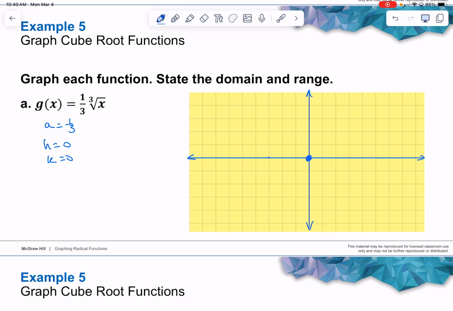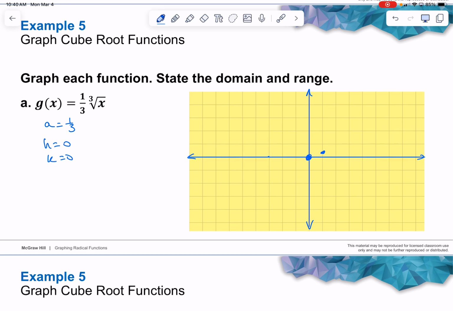So instead of going over 1, up 1, we're going to go over 1, up 1/3. Instead of going over 8 and up 2, we're going to go over 8, up 2/3. And the same thing in the down region.